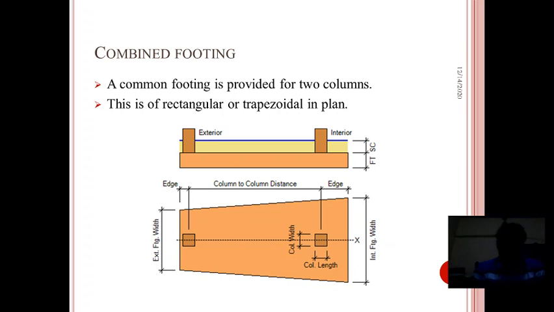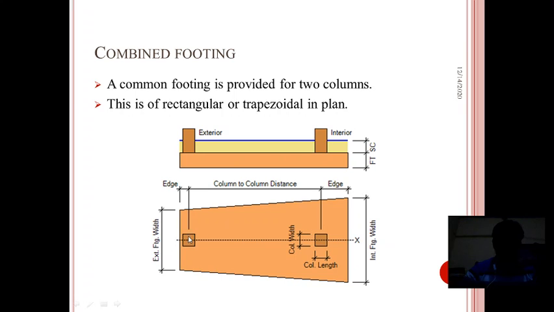So this is an important one, combined footing. The name itself indicates we are providing a common footing for two columns, then we call this a combined footing. Combined means we are combining a footing commonly for two columns. That is the meaning of combined footing. These may be of rectangular or trapezoidal shape.